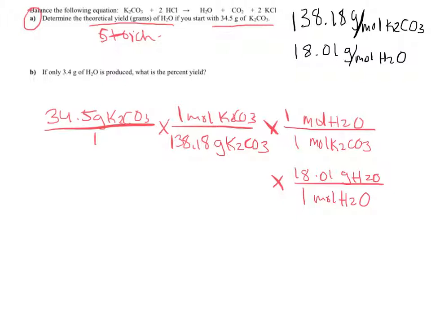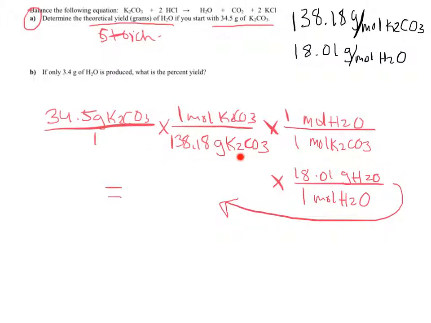So at this point in the problem, we can go through and multiply everything all the way through, and just to conserve room, I'm going to write my final answer over here to the left. As I'm doing these calculations, I'm multiplying all my numerators. In this case, I have really only 2 numbers. I kind of ignore the ones when we're multiplying. So 34.5 times 18.01 gives me 621.35 if I round it.